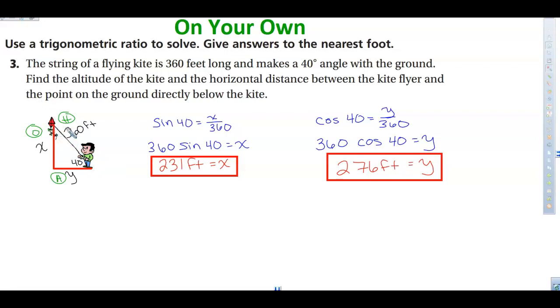You're holding the string, that's your hypotenuse. It makes a 40-degree angle with the ground. I want the altitude, which is the vertical distance, and the horizontal distance between the flyer and what's directly below the kite. So we need to do two trig functions, sine and cosine, to find each piece.